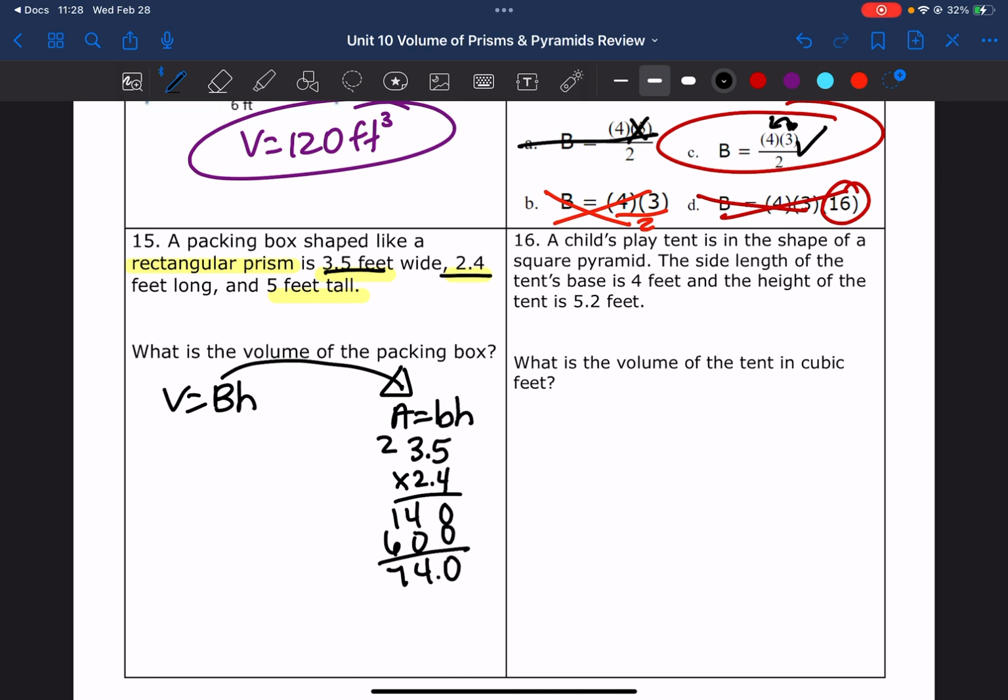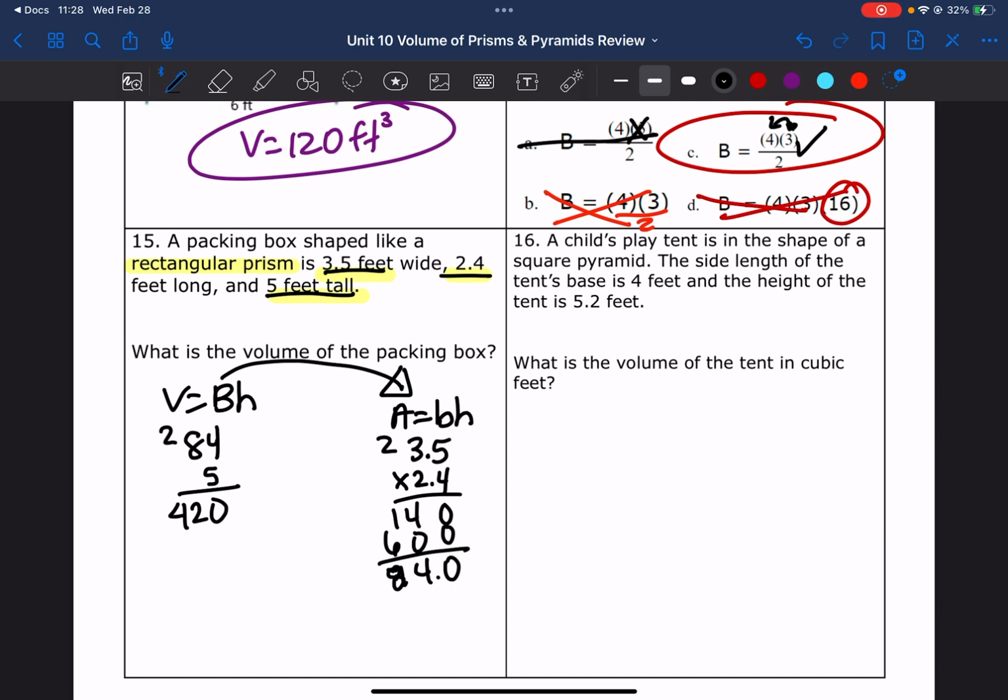Let me just check that again. I think I missed a number. 6 is supposed to be 8. Okay, so 84. Sorry, guys. All right, now 84 times the height of the whole prism, which is 5. So 5 times 4 is 20, 40, 41, 42.